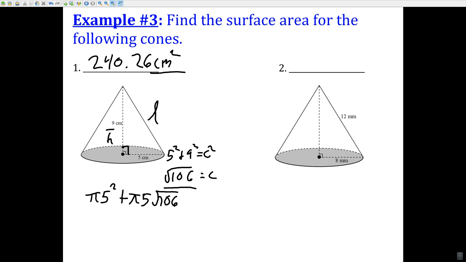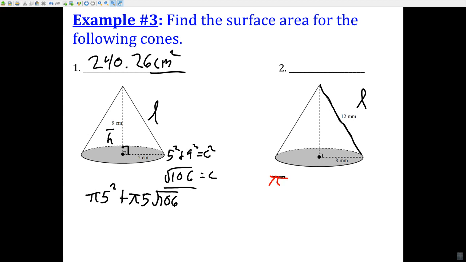Great. That's it. This next one, oh, how nice. They give us the slant height. We don't have to use the Pythagorean theorem for that. We just punch in the formula. Great. So here we go again. Oh, I'll use a different color. Boom.